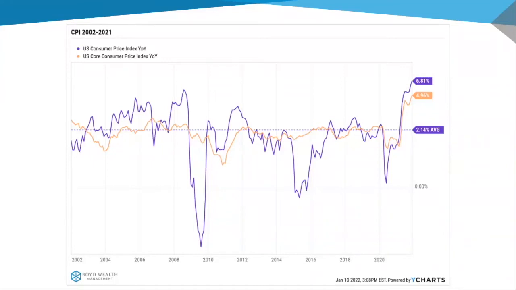Now the market is expecting at least 3 interest rate increases from the Fed, with the odds of a fourth growing daily. And in the last reading of the year from November, inflation reached its highest level in 20 years at 6.8%, well above the average of 2%.